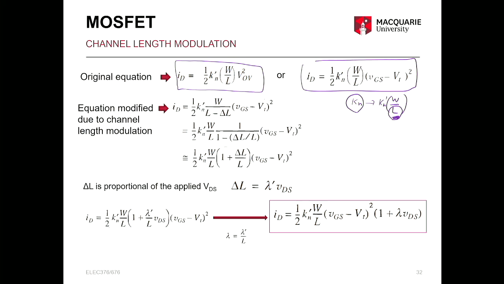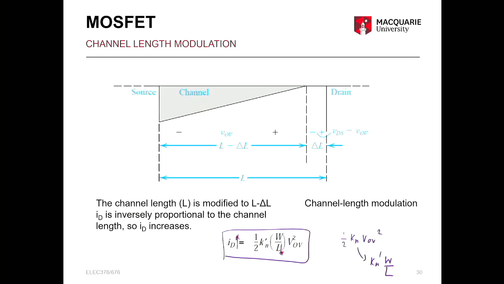So I said when the channel length reduces, the equation gets modified like this. Instead of L, now you have L minus delta L, delta L being the distance where the channel receded towards the source side. So this was L before, from source to drain, the whole length.